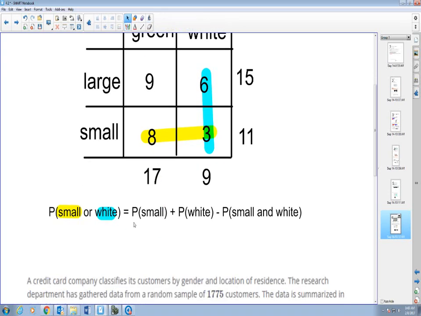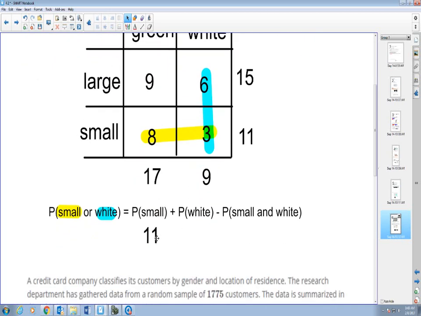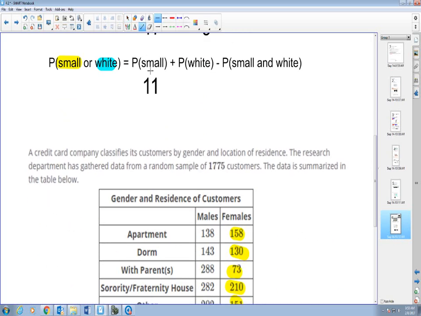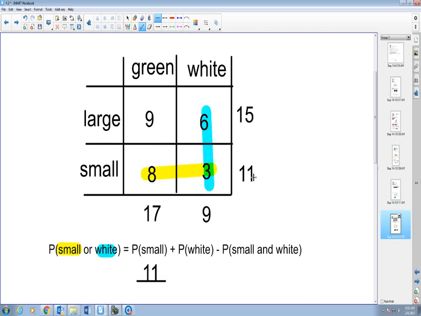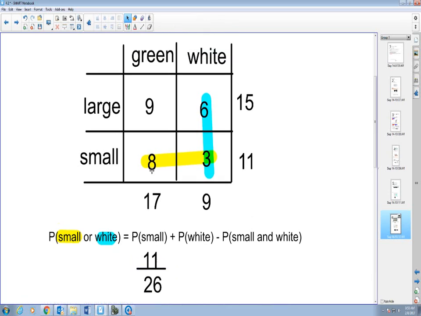So if I say small, which is 11, out of how many total possible outcomes do I have here? If you add up large and small, or green and white, it's the same number, 26. So there are 26 possible outcomes. Inside this 11, you got 3 that are white as well.